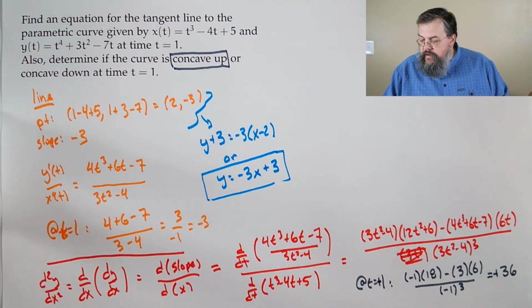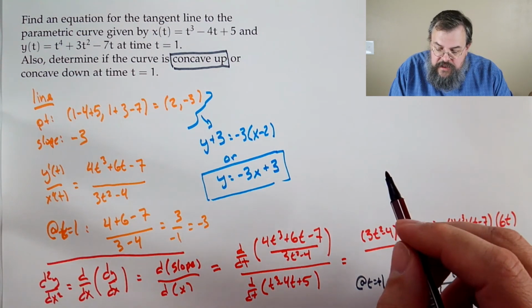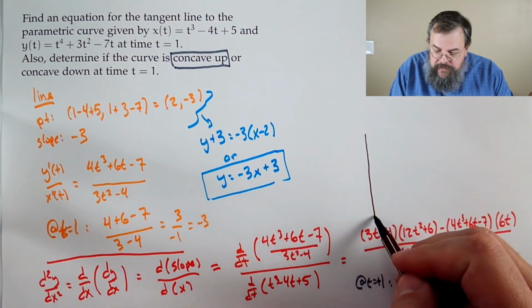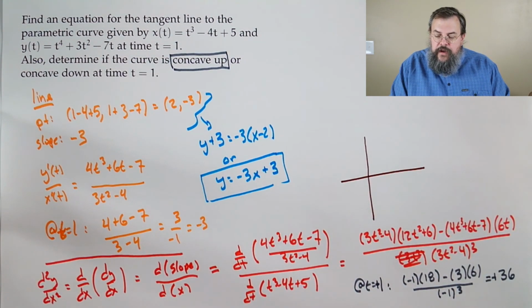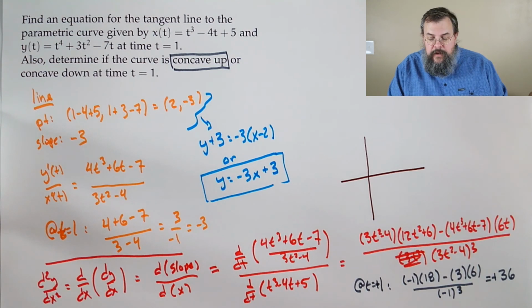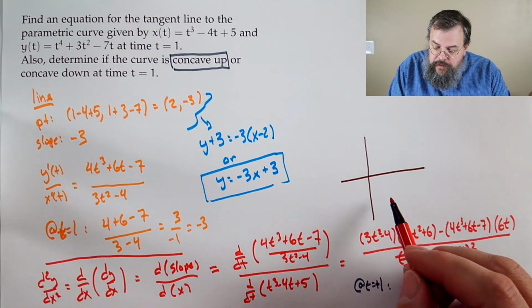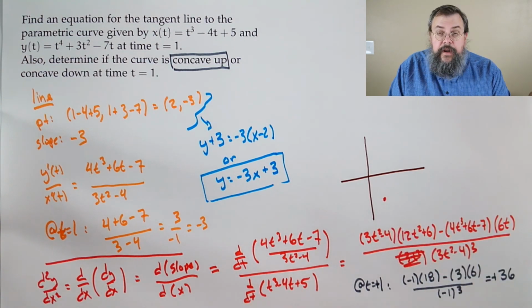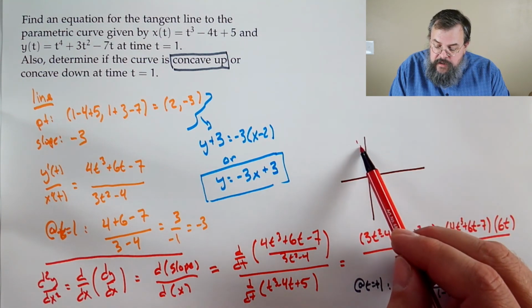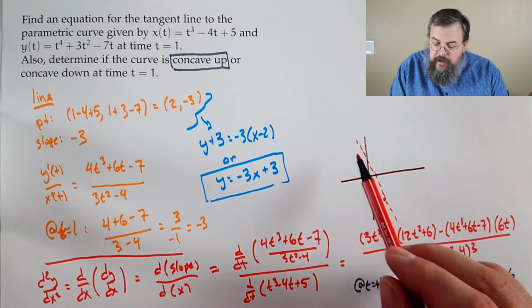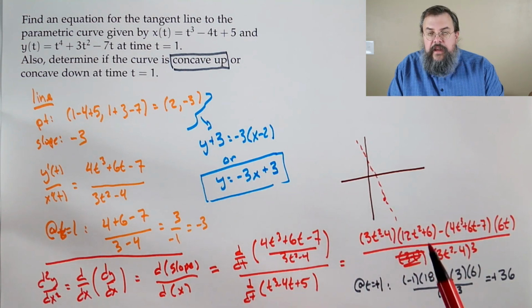Just off of our tangent line, we know we go through the point (2, -3). So let's say this is our point (2, -3), and our tangent line looks something like this. Locally it looks like that.